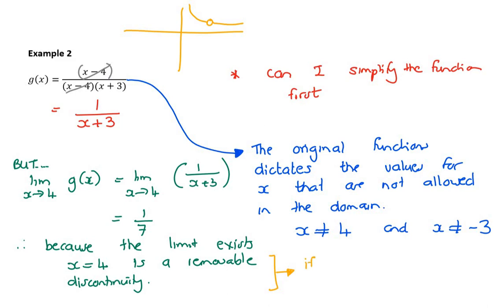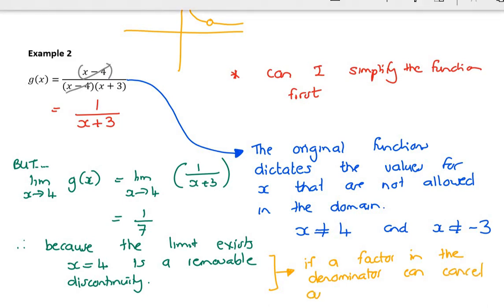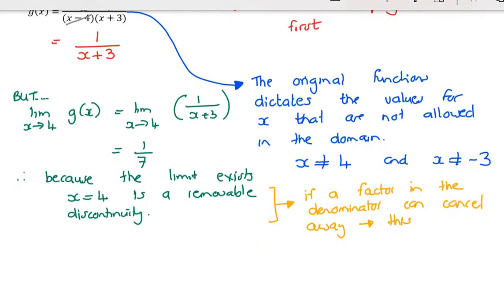So if a factor in the denominator can cancel away, this forms a removable discontinuity. And I hope that you understand it's because you actually can find the limit. So this is not an asymptote.